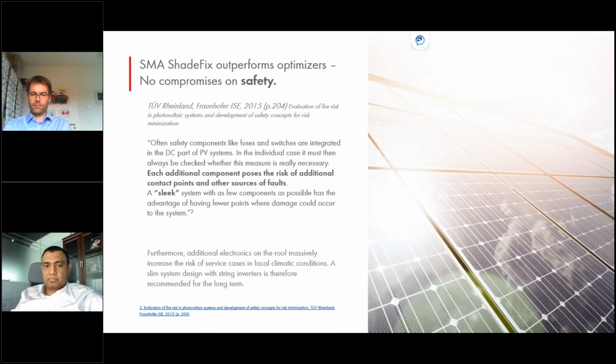Basically, it's not just about saving some costs because it's less hardware, and it's not just about getting better yield of the system, but it's also about safety at the end. Because it's always as it is in life. Just taking the car as an example, the more advanced the cars are getting, the smarter they are getting, the more electronics are in the cars, aircon, whatsoever, so they can drive on their own.